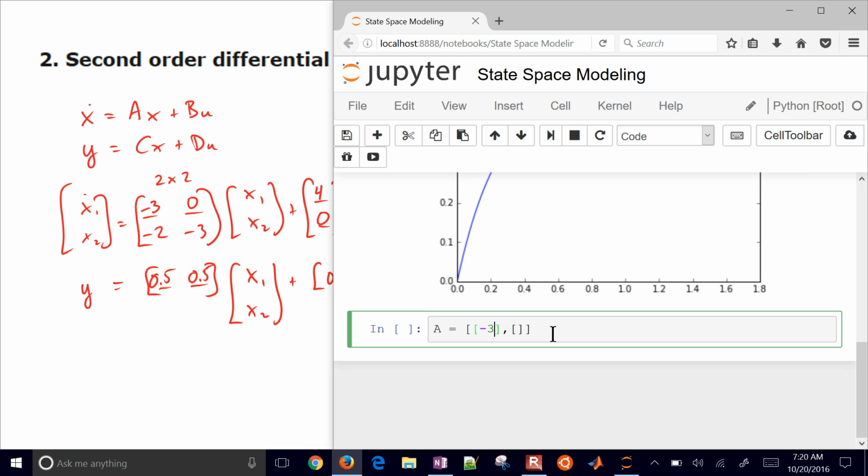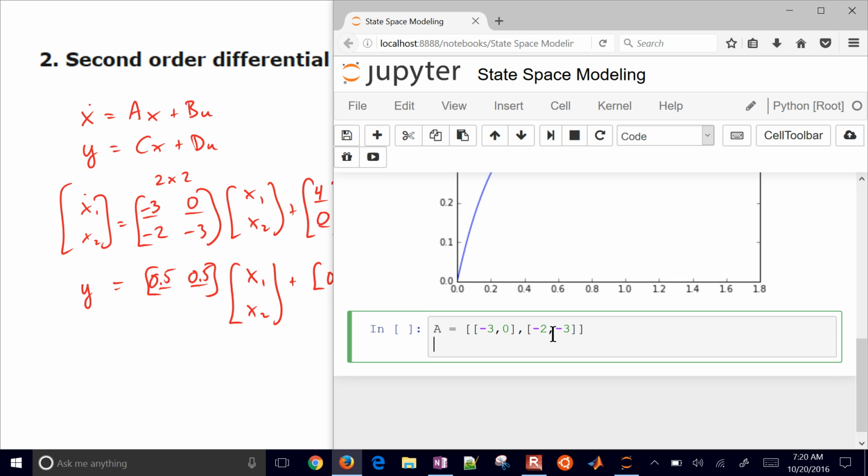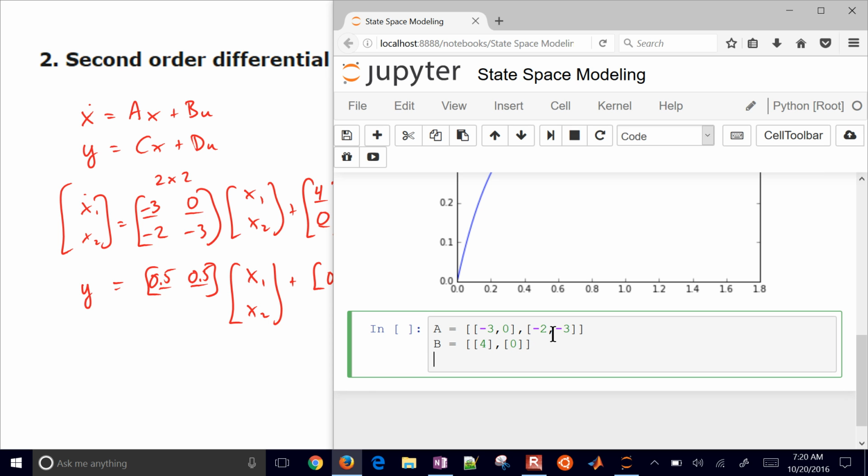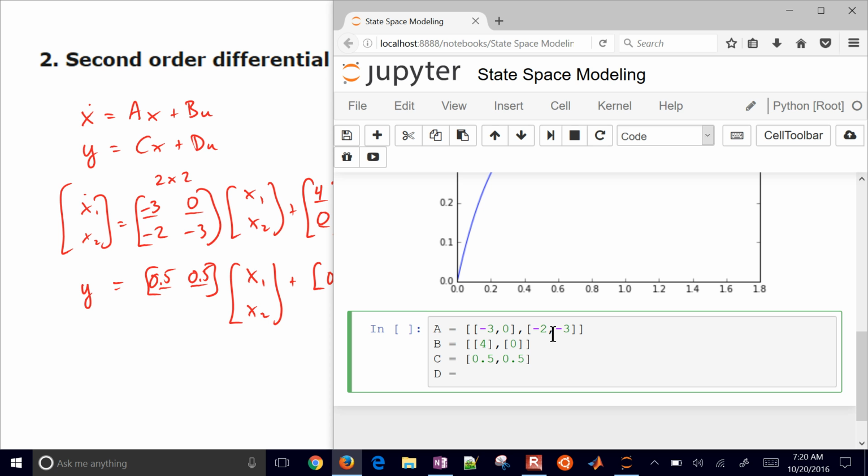So I'll have -3 and comma 0, and then -2 comma -3. There's my A matrix. My B matrix is going to be two rows, one column, and so I'll have 4 and then 0, and then my C is going to be just 0.5, 0.5. This is just going to be a row vector, and then D is going to be equal to 0.